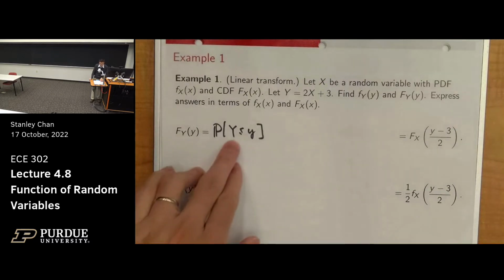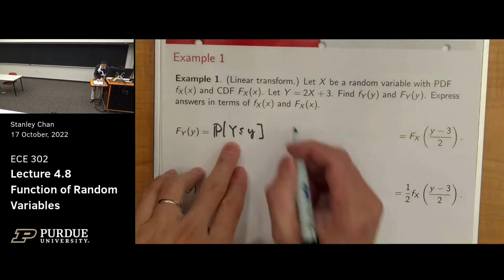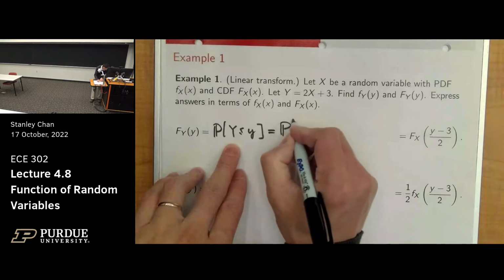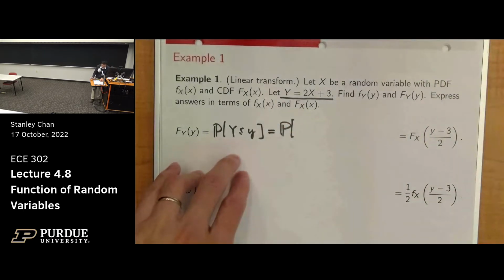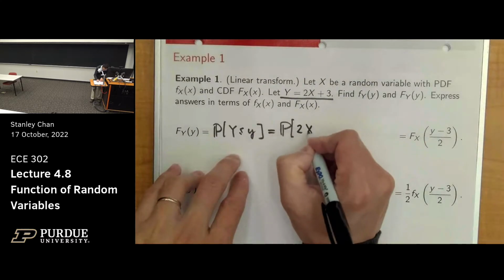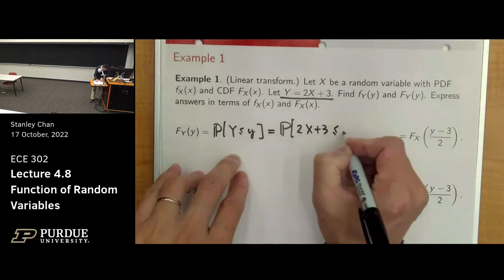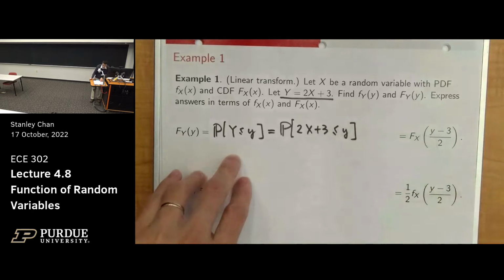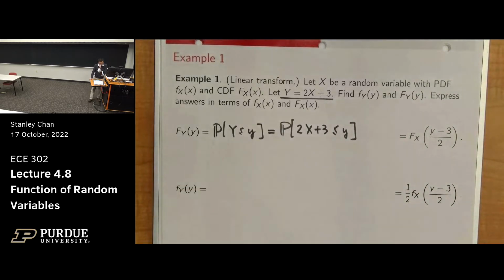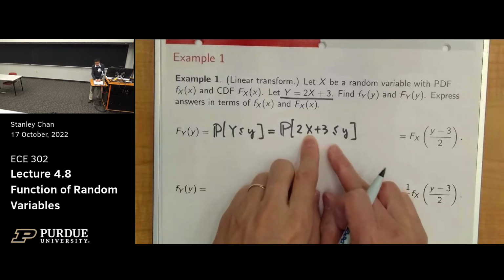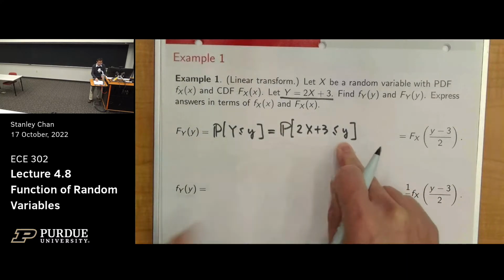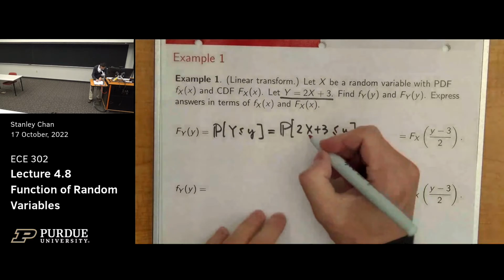Now, what is this Y? The random variable Y, according to the problem setting, is 2X plus 3. So you have 2X plus 3 less than small y. At this point, you may be confused. There are two variables, one is X, one is y. Do not get confused.